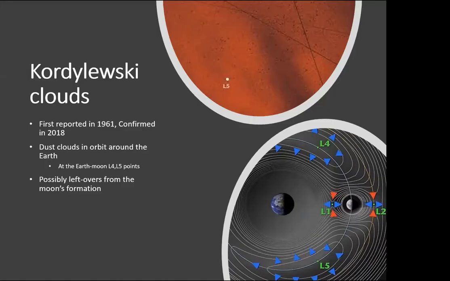The Moon was probably formed in orbit round the Earth as a result of a giant impact between the Earth and another body that's hypothetically given the name Theia, and smashed into the Earth, blasted lots of material into Earth orbit.